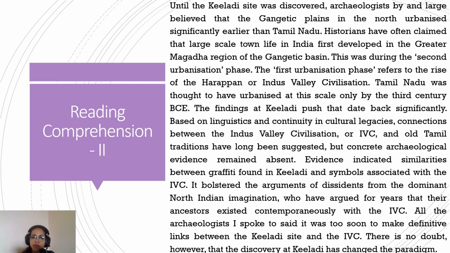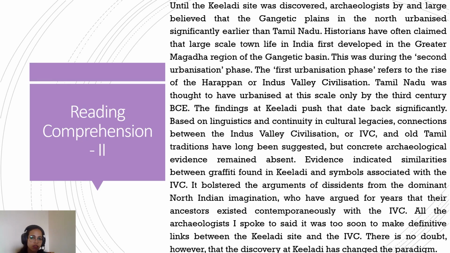Historians have often claimed that large-scale town life in India first developed in the greater Magadh region of the Gangetic plain. The greater Magadh region is present day Bihar. So before the urbanization of the greater parts of India happened, the existence of well-developed towns began in the Magadh region.